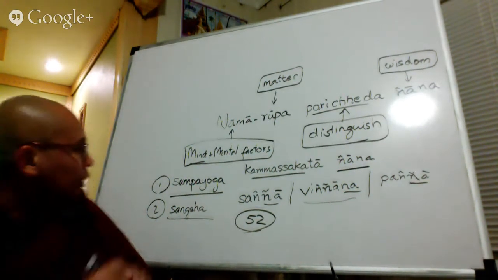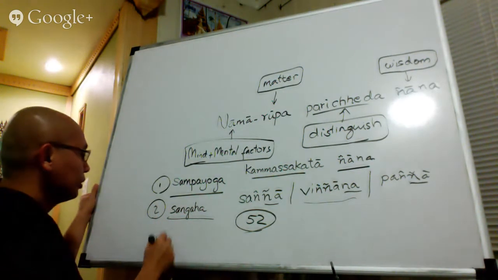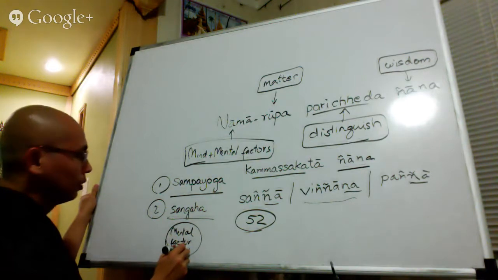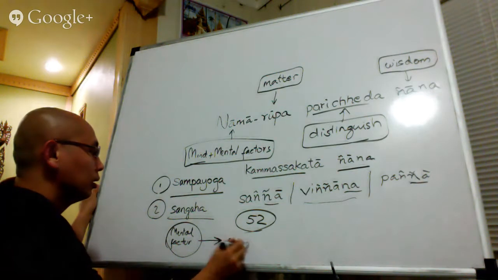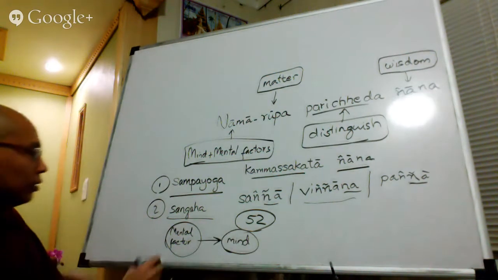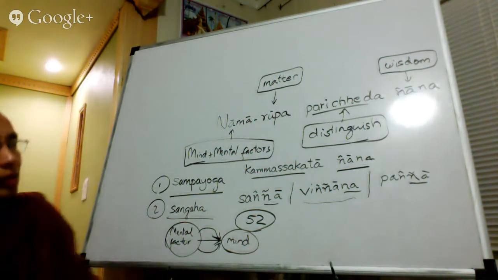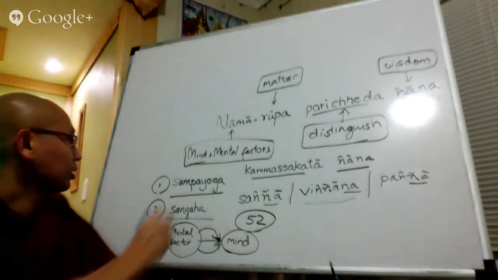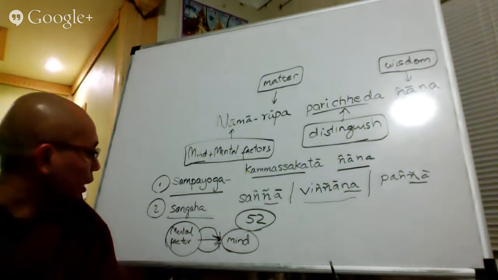Sampayoga is just taking the mental factor as primary, and looking at what type of mind these mental factors associate with. This is the Sampayoga way.